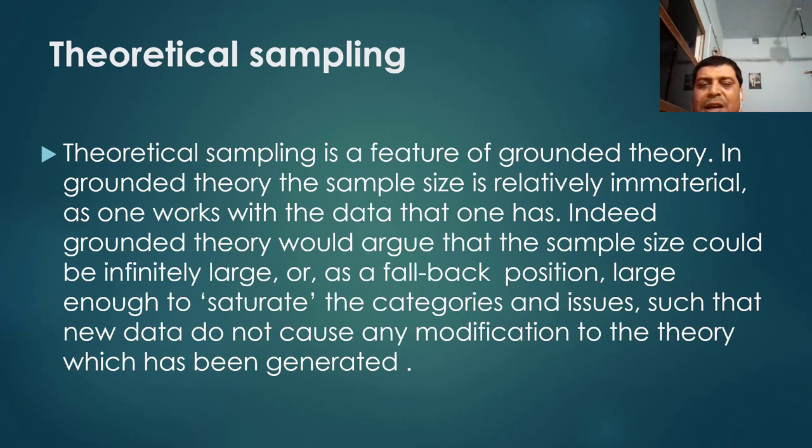Our sample size is very large, or even infinitely large, and we keep on collecting the data till it satisfies all the conditions, until no more conditions are added and no more categories are formed. This is the typicality. That's why it is called theoretical, because it is mainly based on data.